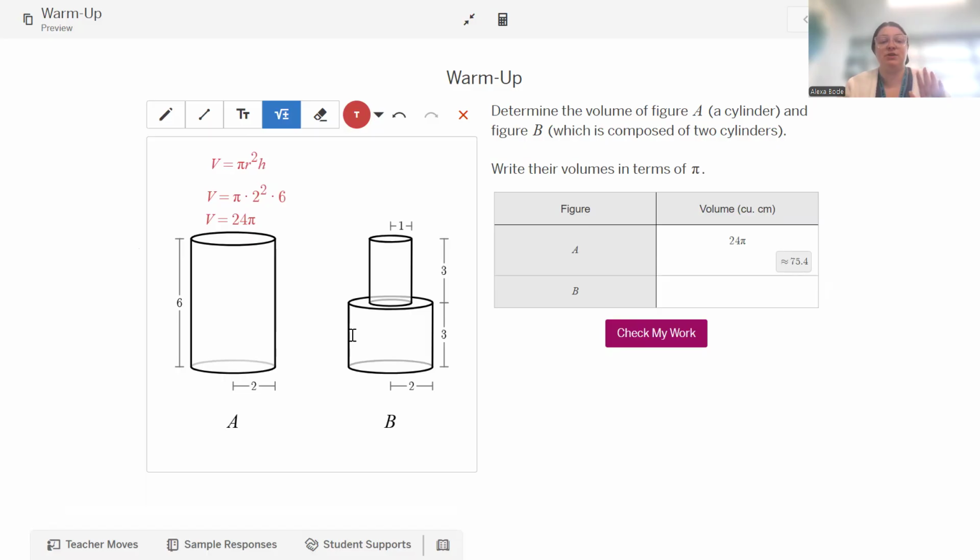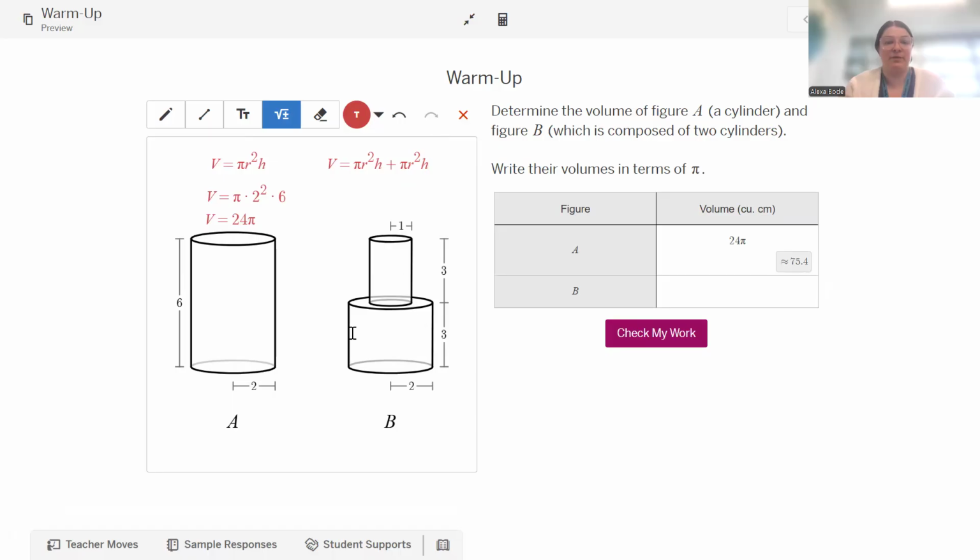But we're just going to focus on finding the volume of the bottom cylinder and the volume of the top cylinder. So basically what we're wanting to do to find the volume of the whole thing is the volume would be pi r squared h for the first one plus pi r squared h of the second.